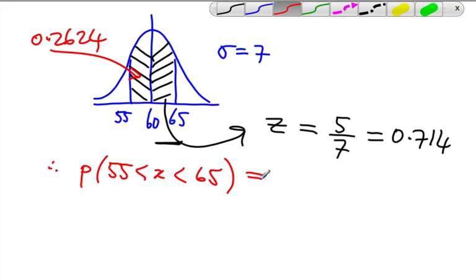It's 2 lots of this, which is 0.5248, and that's it.